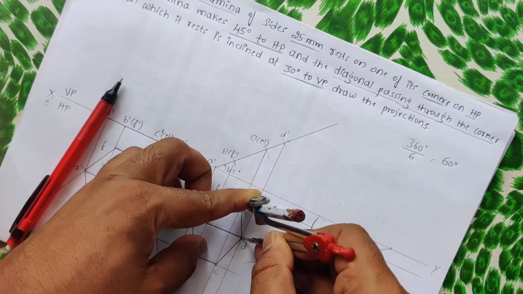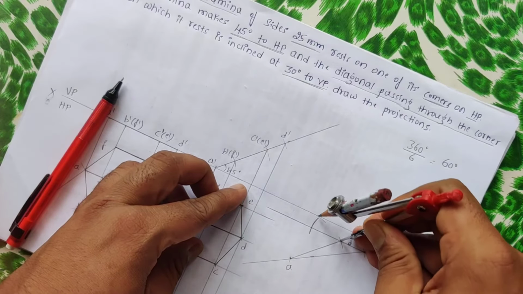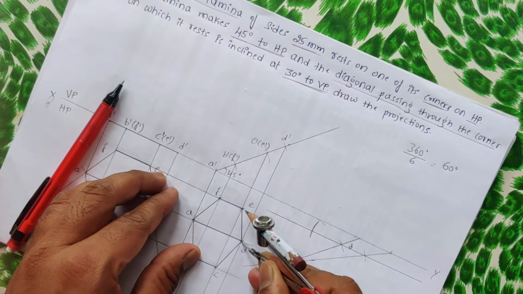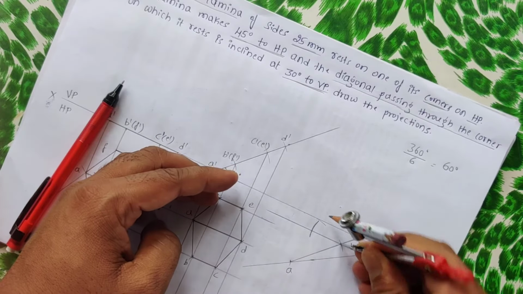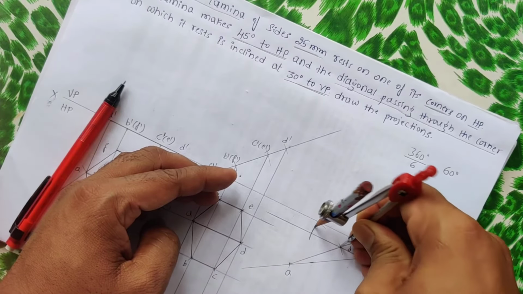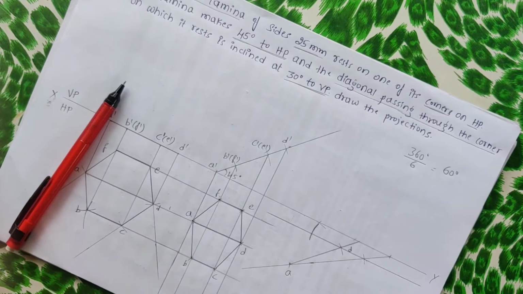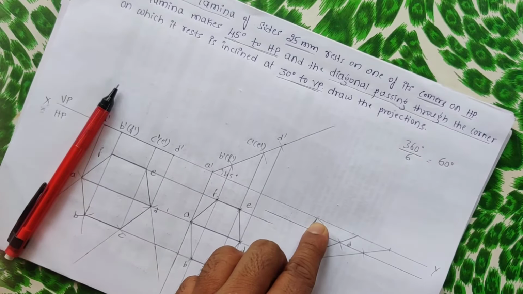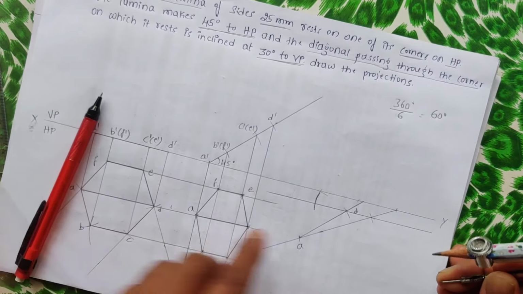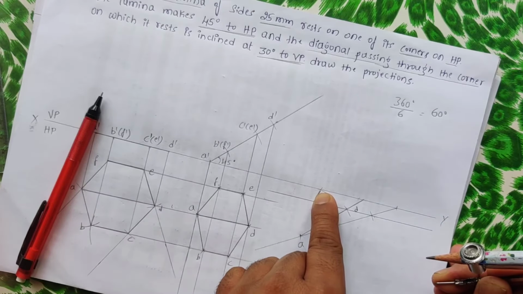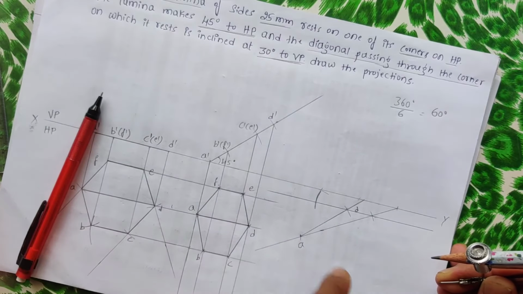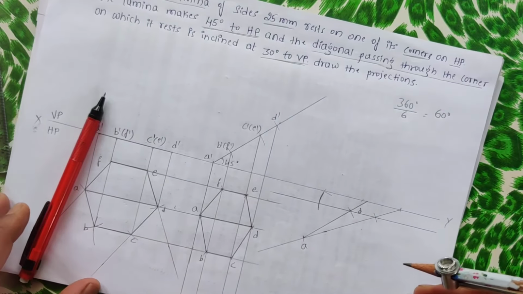That means it should not touch the XY line. No, it will touch the XY line here. No, it is not touching. There is a gap. Yeah, fine. Make sure that this point, this E point I am talking about, should not touch the XY line. It should be well below the XY line. Plan like that and you can then consider.